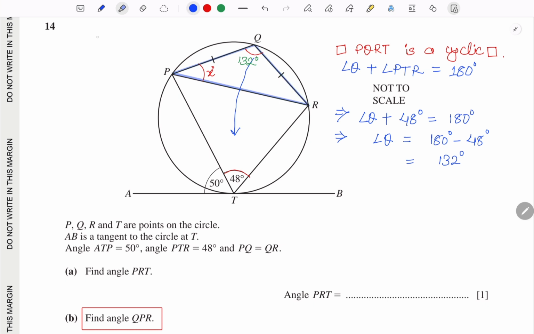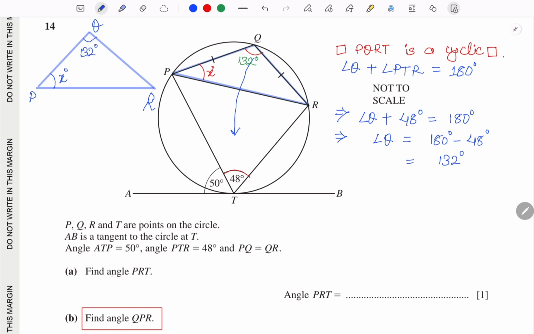If I draw this triangle outside, it will look like this. This is P, this one is R, and this one is Q. This angle we need to find is x degrees, and this one is 132 degrees.